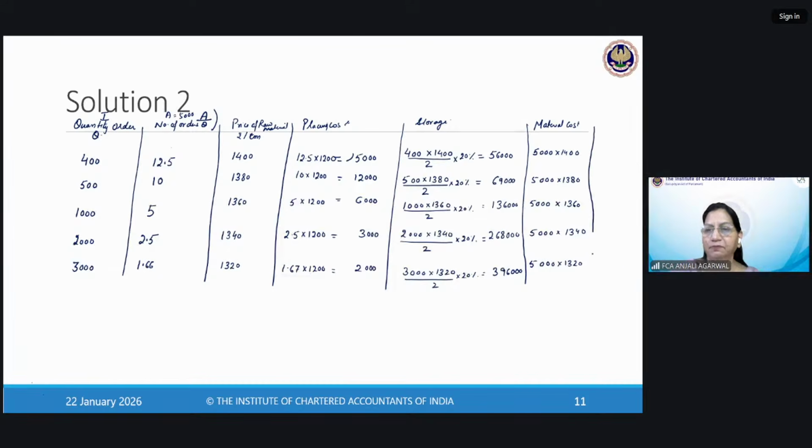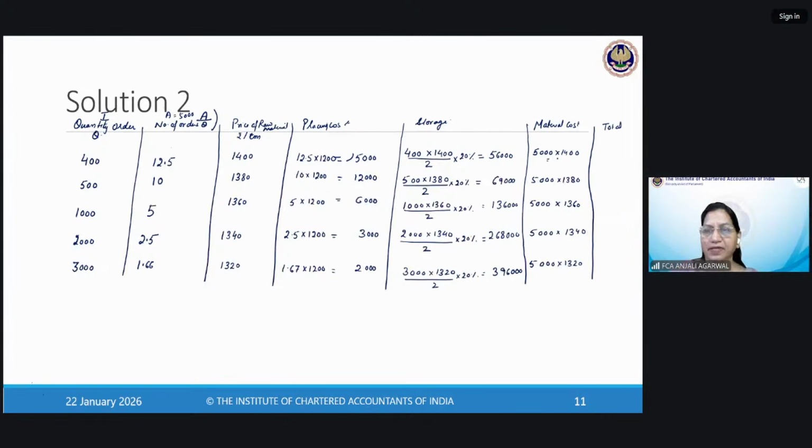And raw material cost also becomes relevant. So the total cost comes out to be 15,000 plus 56,000 plus 5,000 into 1,400.